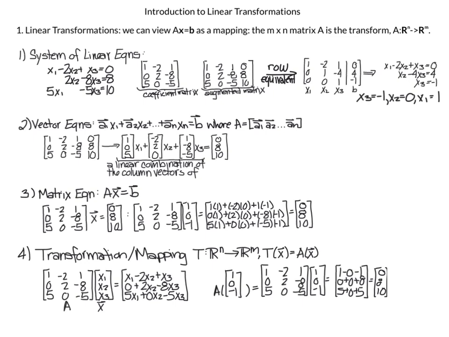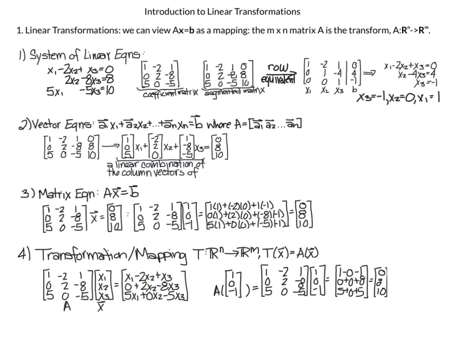Last, in this video now, we're going to look at this Ax equals b as a mapping. So here we have A, and it takes a vector x and it transforms it into this other vector here, where it takes the first coordinate of x, combines it with -2 times the second coordinate, and then combines that with x3. This gives us our first new coordinate.